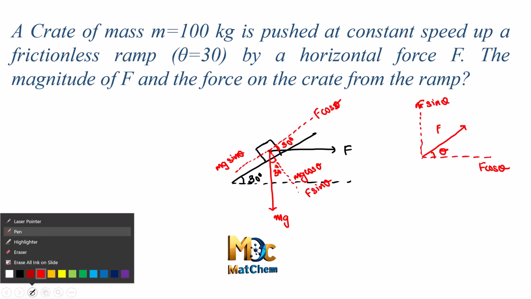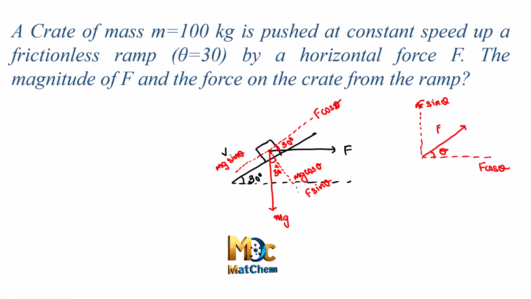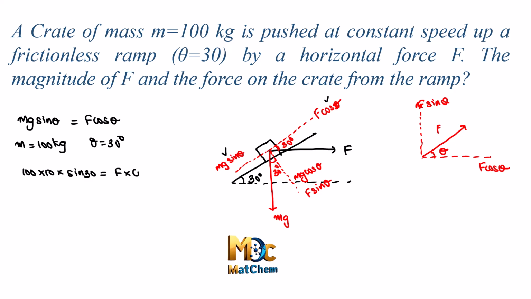You can very clearly understand that mg sin theta and F cos theta are acting opposite to each other. We need to calculate the magnitude of F, so we equate mg sin theta to F cos theta. M is equal to 100 kilograms and theta is equal to 30 degrees. Substituting, we get 100 into 10 into sin 30 equal to F into cos 30.